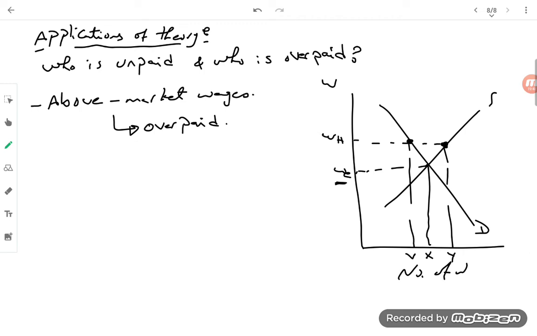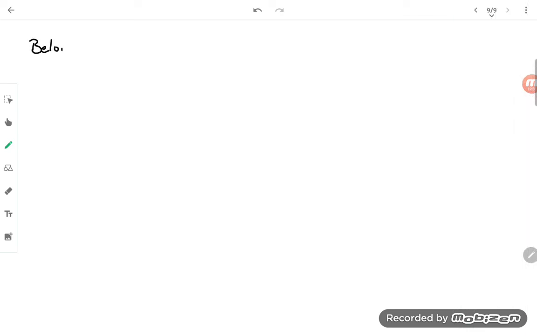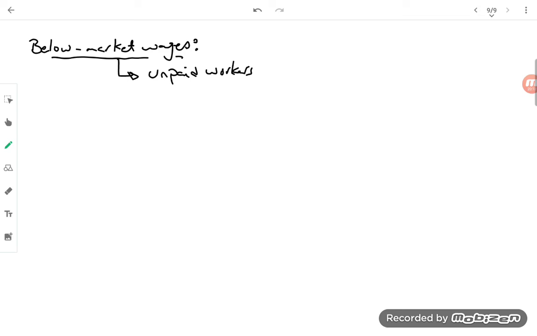What about below market wages, or underpaid workers? In case of underpaid workers, we are going to pay income to our workers less than the market clearing wage.